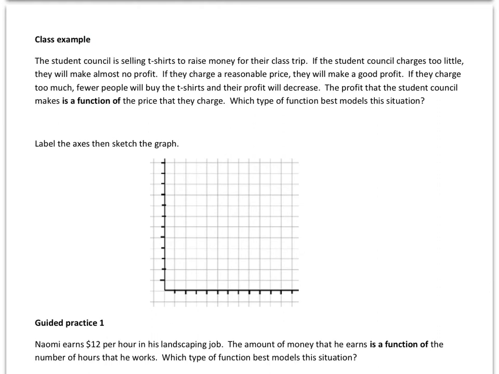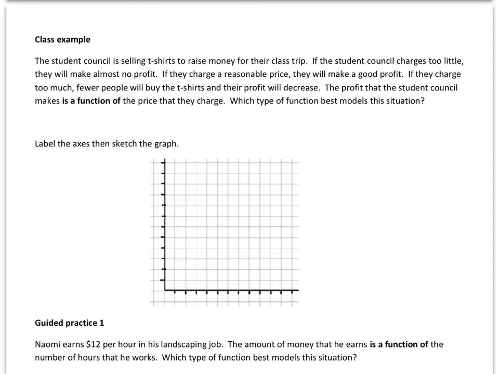So let's look at the example here. The student council is selling t-shirts to raise money for their class trip. If the student council charges too little, they'll make almost no profit. If they charge a reasonable price, then they'll make a good profit. If they charge too much, fewer people will buy the t-shirts. The profit the student council makes is a function of the price that they charge.